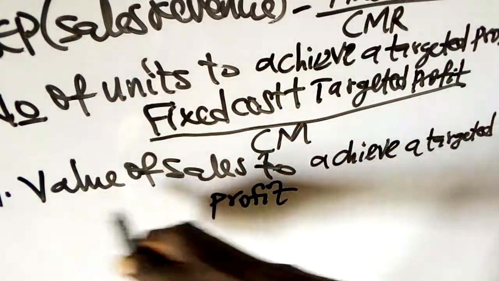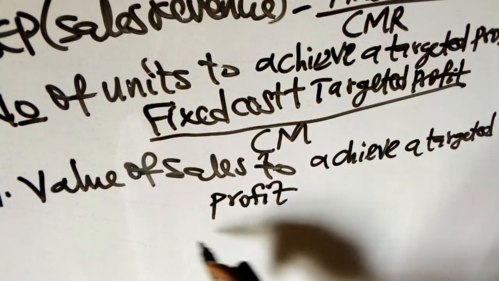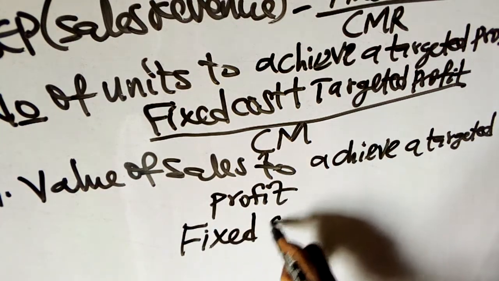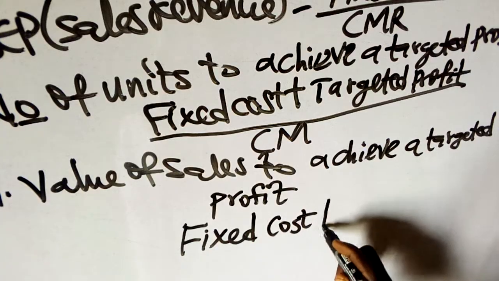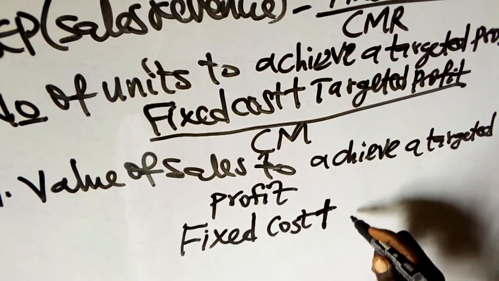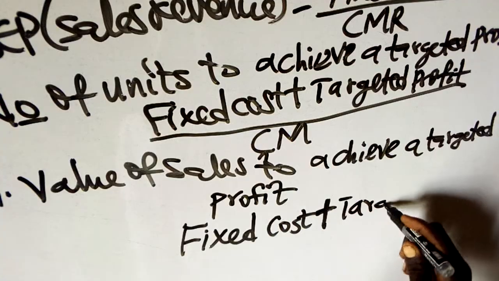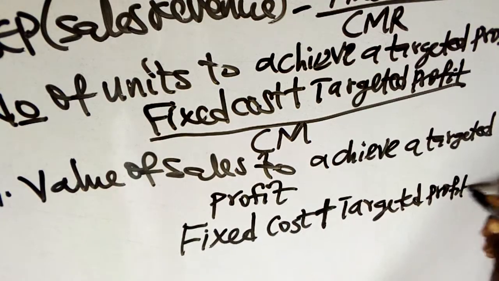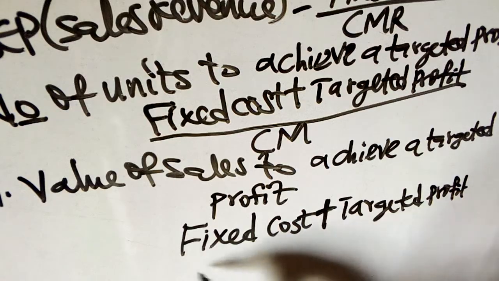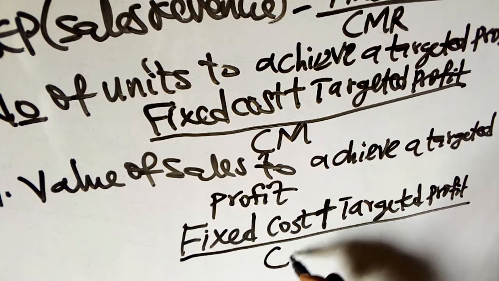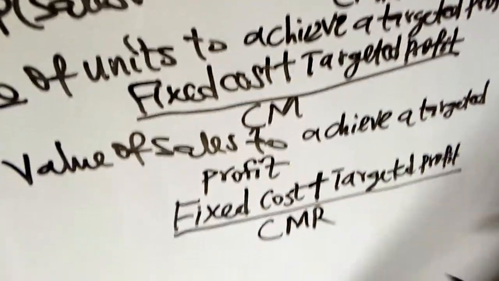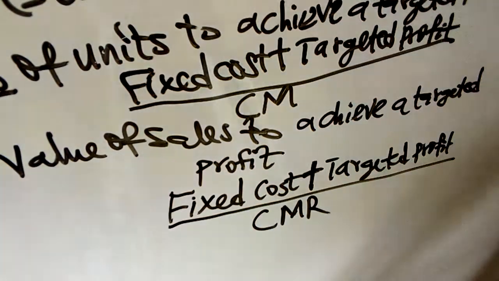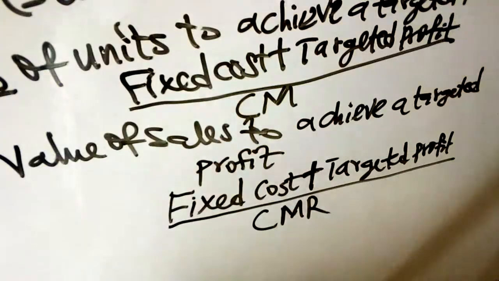Since it is value you need, the formula becomes fixed cost plus the targeted profit over CMR. Since it is value you need, the denominator will be CMR.